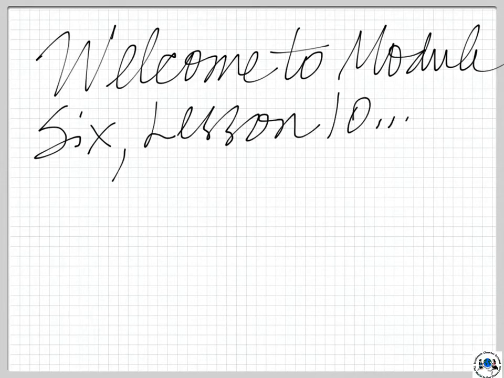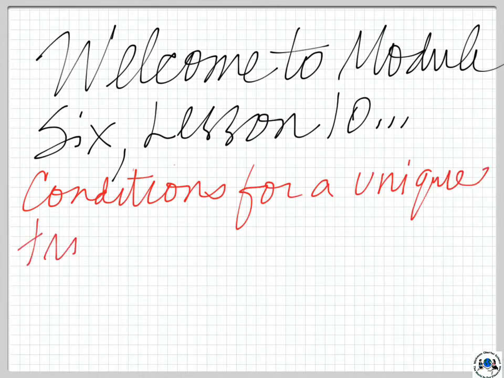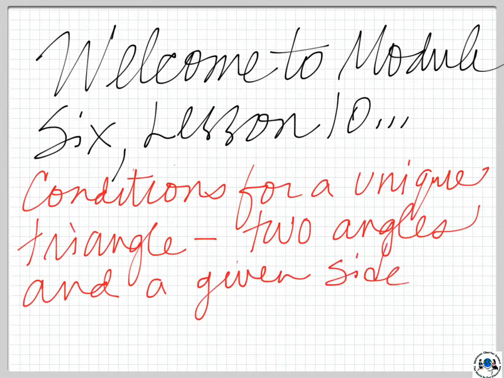Alrighty, welcome to Module 6, Lesson 10, Conditions for a Unique Triangle, Two Angles, and a Given Side.